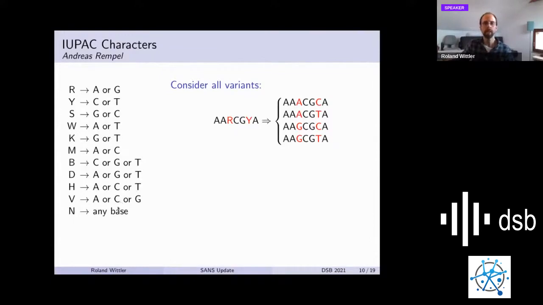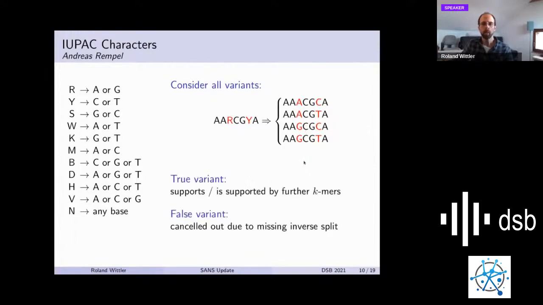And we wanted to try to incorporate these by considering all variants of that Kmer that these IUPAC characters code for. Like you can see here, R can be an A or a G, and the Y could be a C or a T, and then we have the Cartesian product of all the possibilities. Of course, only one of these four variants would be the true Kmer, and we have 3 false Kmers.